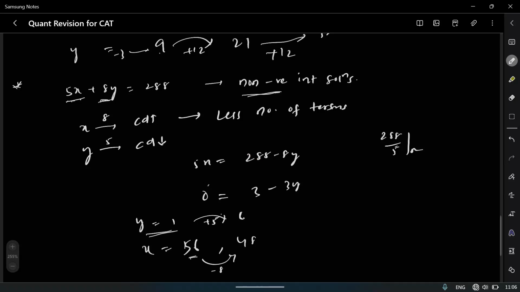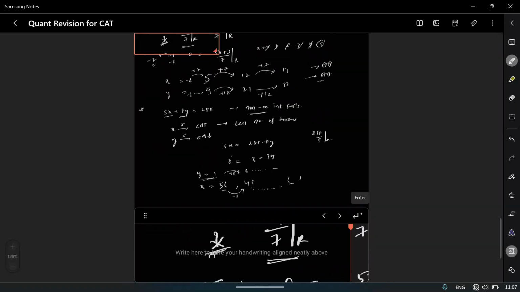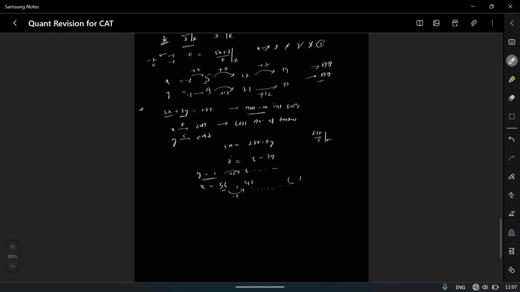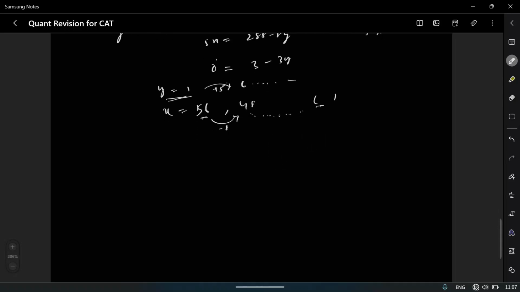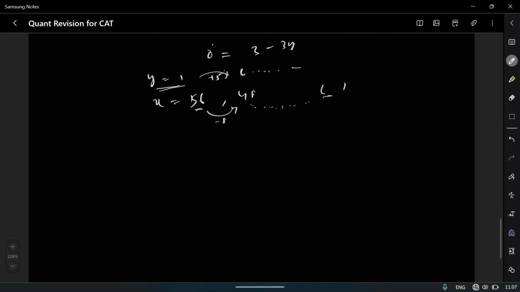They were asked about the number of non-negative integral solutions, right? So here it is going to be positive. As the terms go on, at some point it is going to be negative. So for x equals 56, 48 and so on, we can write this.